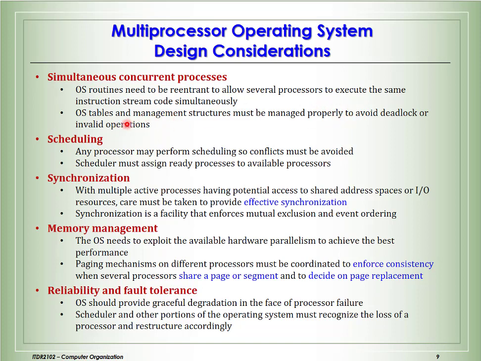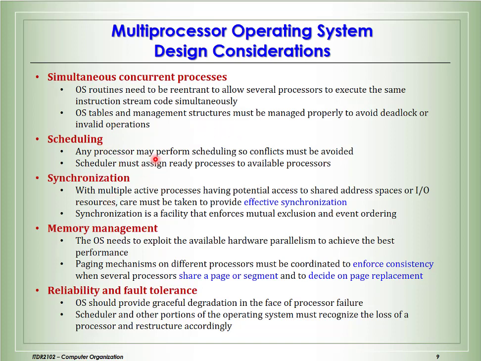The operating system should manage the tables, the memory, and all resources for the processor, because the processor needs resources, maybe CPU time, maybe memory. They should be available, and it should also avoid deadlock or any invalid operation. So the structure should be such that these problems can be avoided.